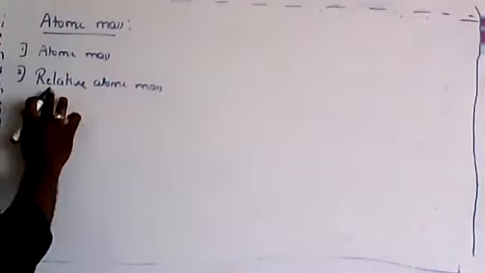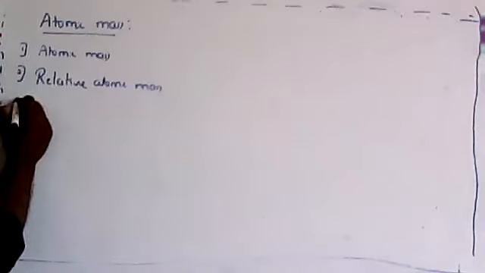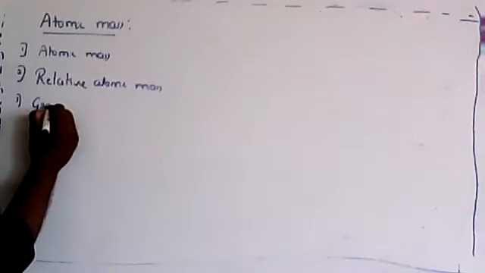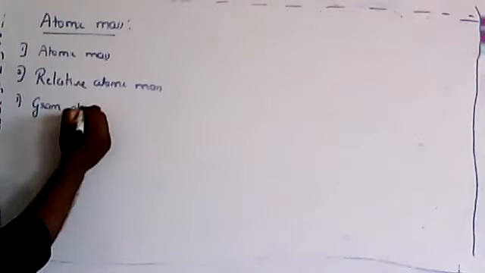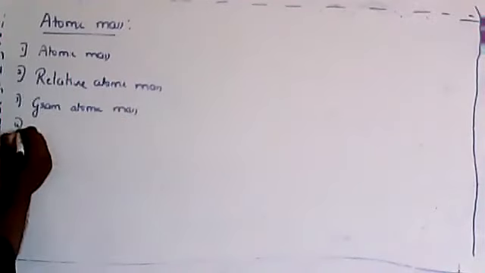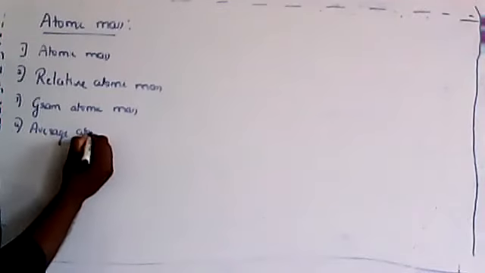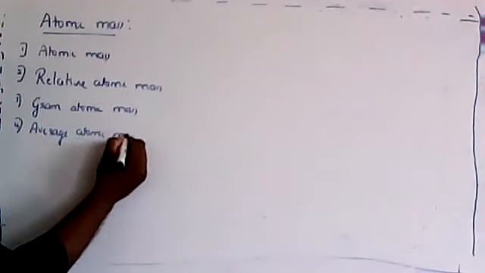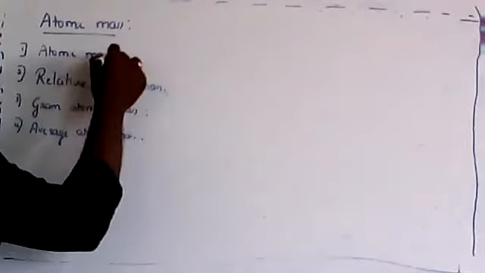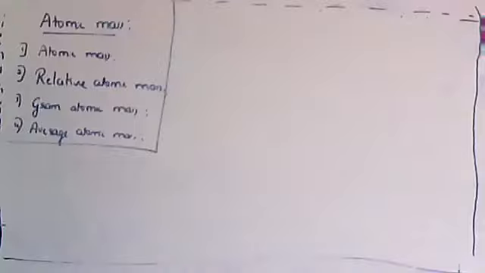To be frank, we usually use this as the atomic mass only. Next, we need to understand gram atomic mass. Then finally, the average atomic mass. If we finish these topics today completely with all the basic things, that is enough for today. So let's understand one by one.